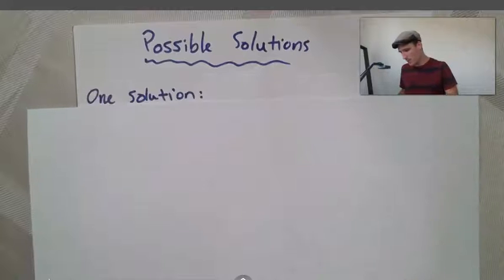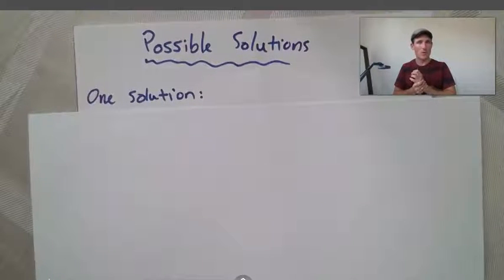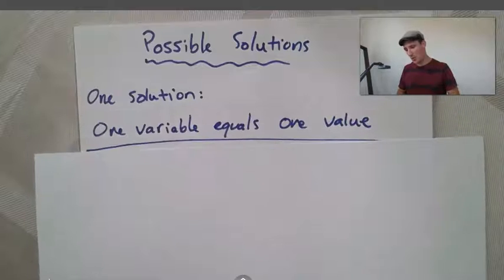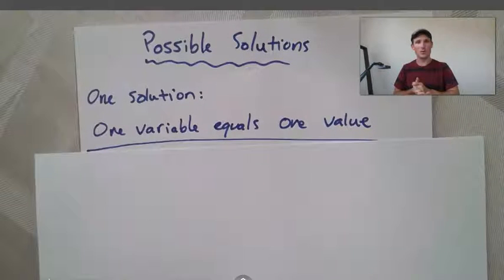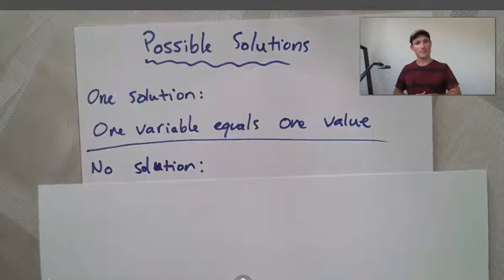We have one solution, which should be familiar, and that is when one variable equals one value and only one value. So x equals 3 is an example of one solution. Next option is no solution.